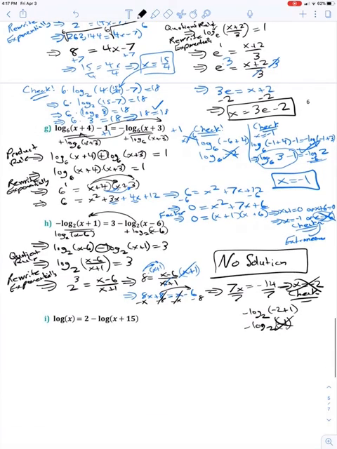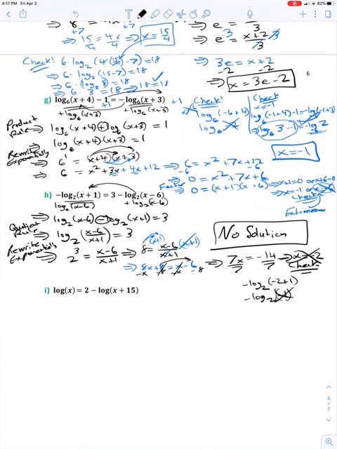All right, got one more. Let's look at example I and see if we can solve this one. Same thing, let's go ahead and move that term over. We got to add the log of x plus 15 over to the other side. So I've got the log of x plus the log of x plus 15 equal to 2.